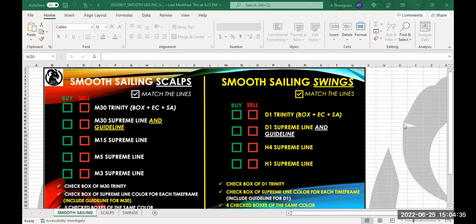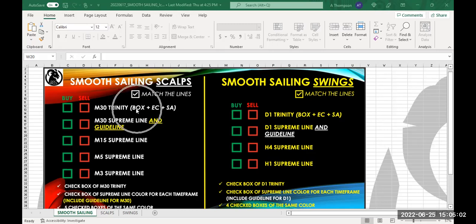So the first thing that we want to do is, on both time frames, make sure that you have a trinity. A trinity consists of a box, an engulfing candle, and a swing arrow.